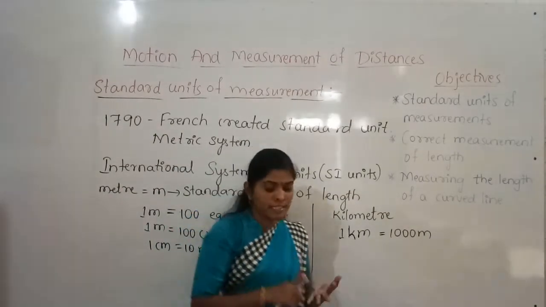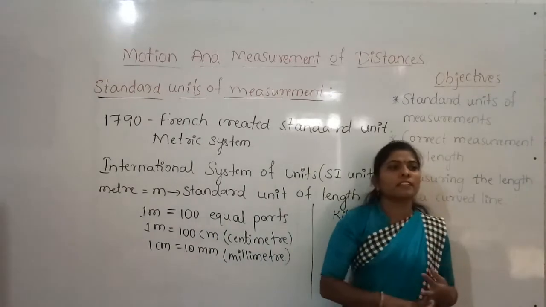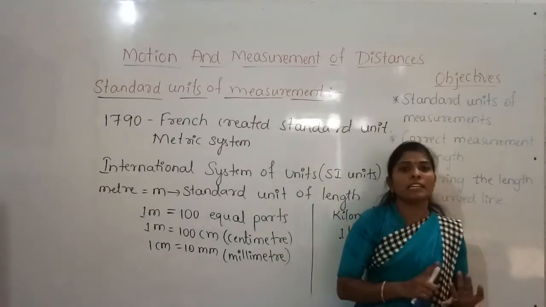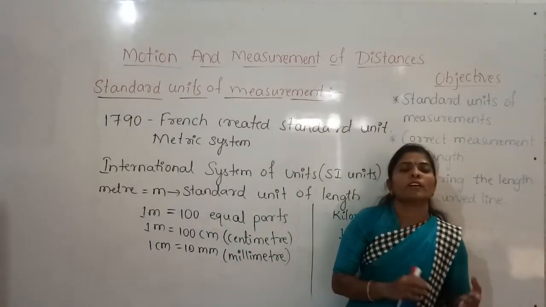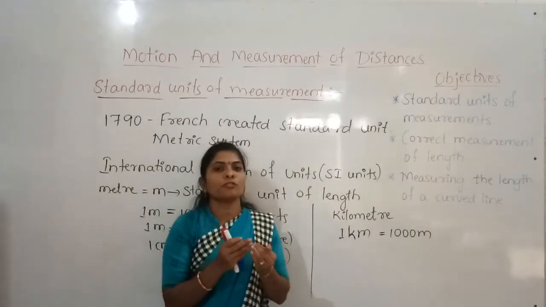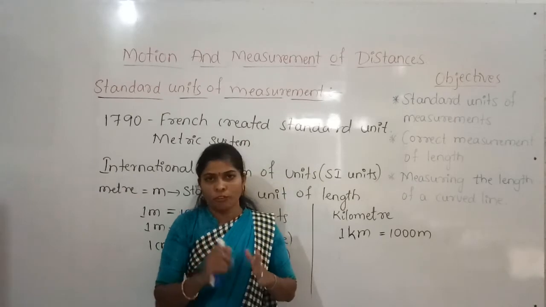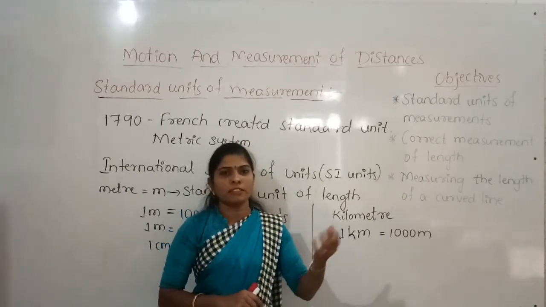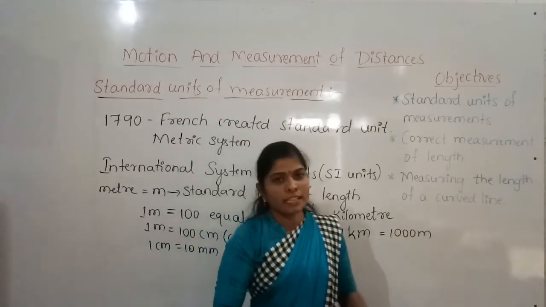Likewise, we can say the liters. Liter is the measurement for liquids. If we want to buy milk, we buy it in liter quantity, 1 liter, 2 liter, as per your requirements.